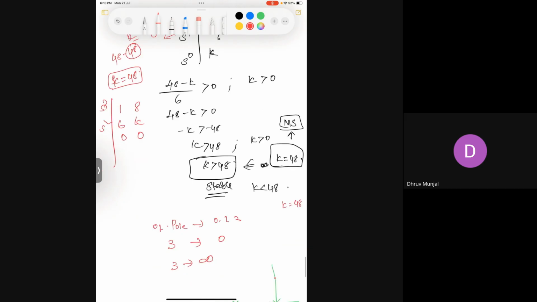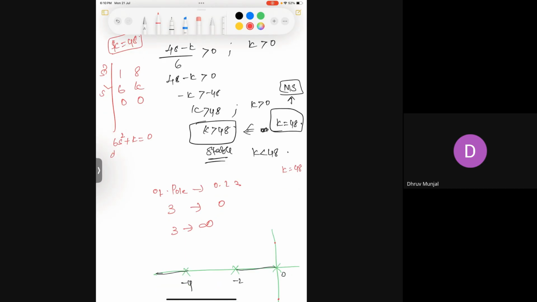So I am considering the auxiliary equation right now, that is 6s squared plus K, what we do in Routh-Hurwitz generally. Differentiating the auxiliary equation with respect to s gives 12s equal to 0.